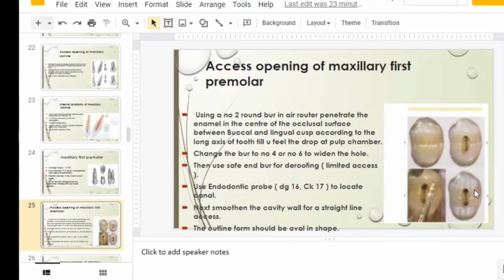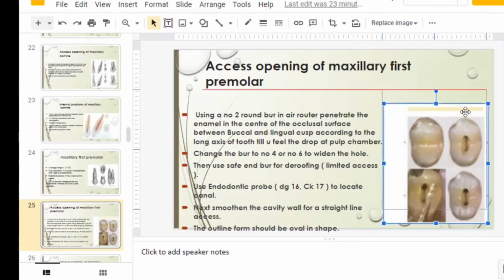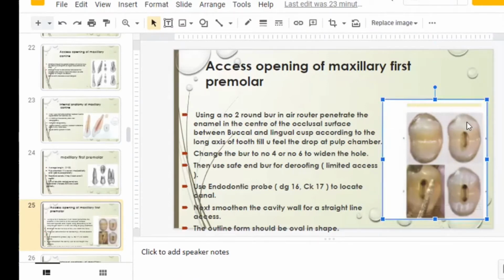So this is oval in shape at the expense of buccopalatally. In this picture, you can appreciate that point. Buccally and palatally, it is oval in shape, and that is very important, whereas your class 1 cavity is mesiodistal, isn't it?